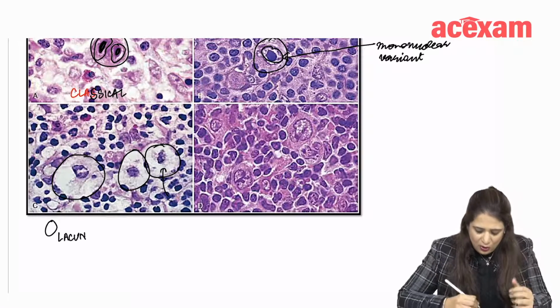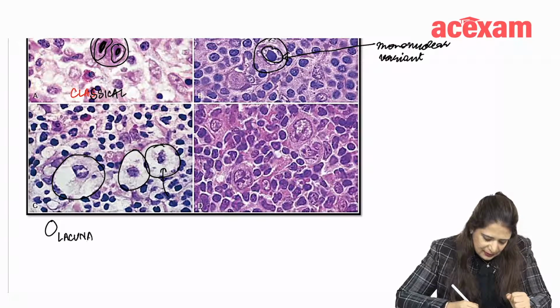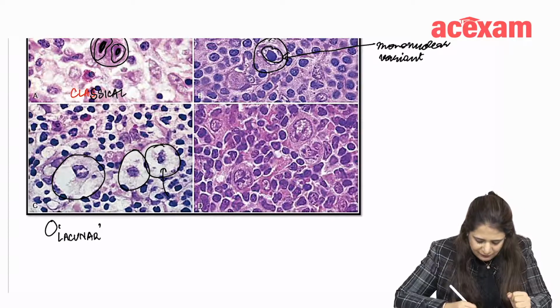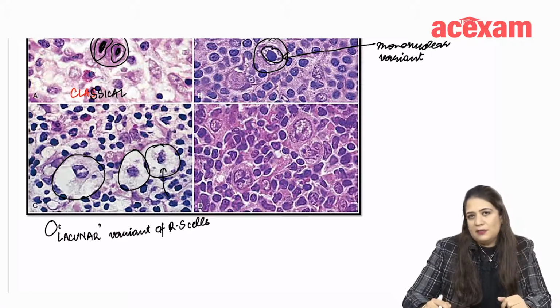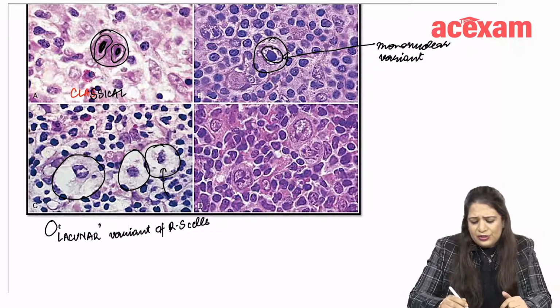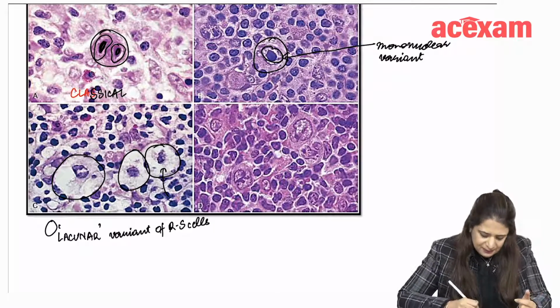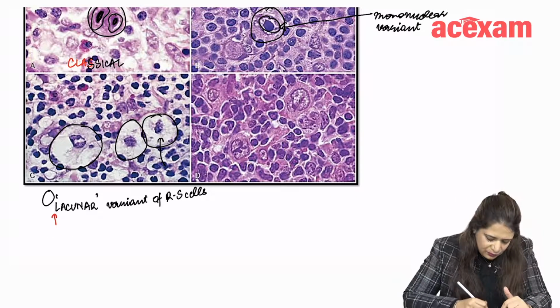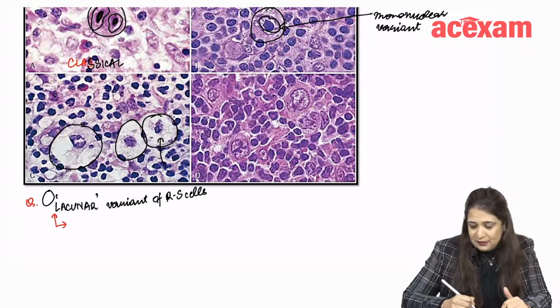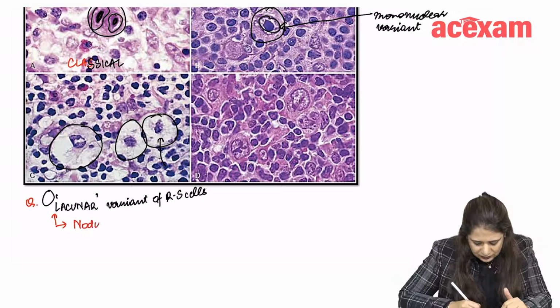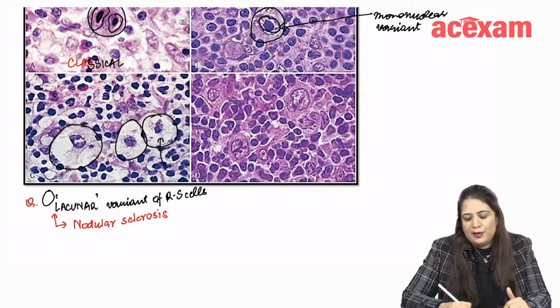Lacuna means hollow spaces. So these are known as the lacunar variant of Reed-Sternberg cells. Do you know which histological subtype of Hodgkin's they are encountered in? They are seen in nodular sclerosis, the type of classical Hodgkin's lymphoma.